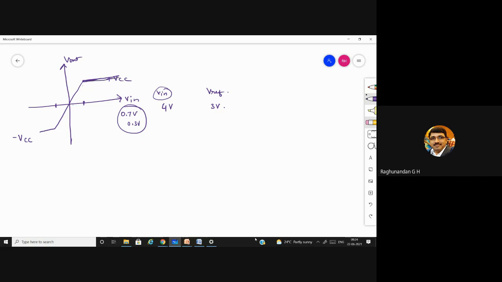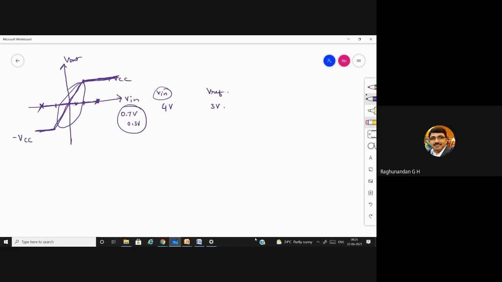Along with that, there is one more reason. Suppose the output is at maximum, above the threshold. Now you are changing the input to a negative value. Whenever you change to this value, it is going to take some time to reach the negative saturation. During that time, output and input will be following each other.